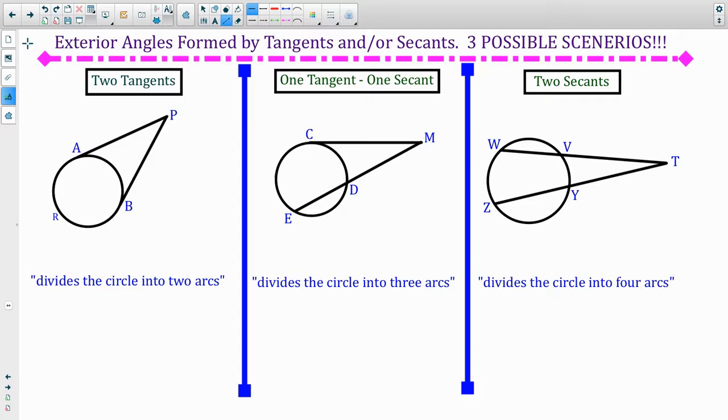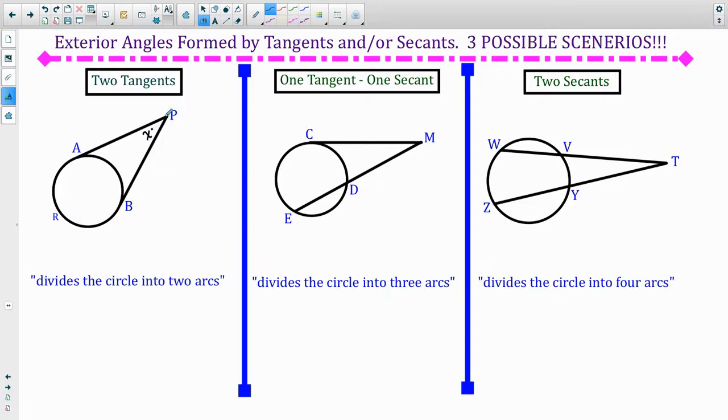The angles that we're going to be paying the most attention to are these angles that are formed outside the circle. So here at point P, I'm going to put a little X there because the angle that we're really interested in is this angle right here. It could be referred to as angle P, but I'll put a little X there.